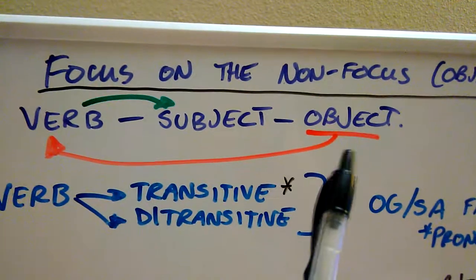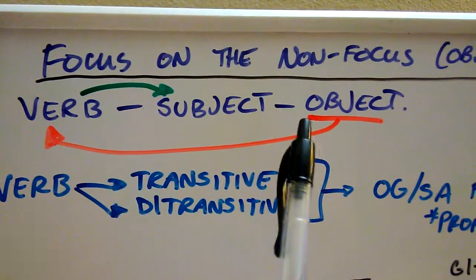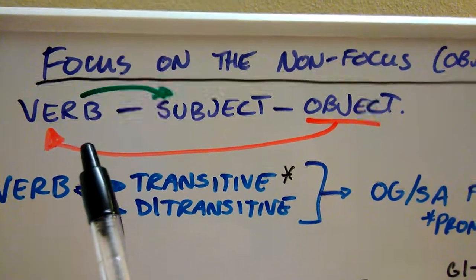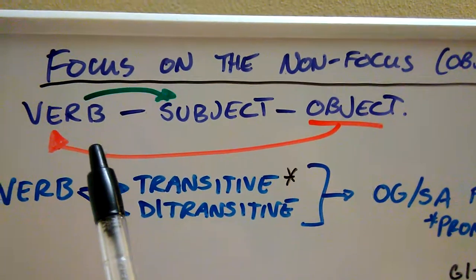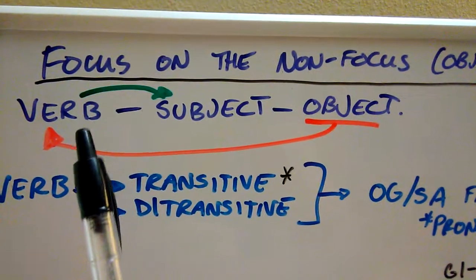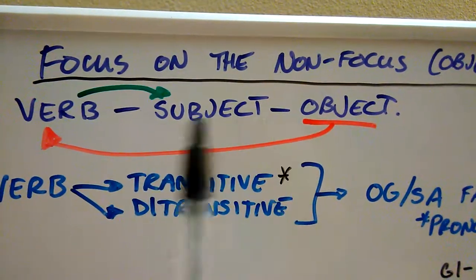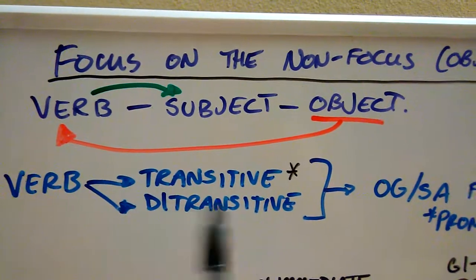But if we make our object the focus of the sentence, then it changes the verb's conjugation, because the verb's transitivity will change according to what the object will be, whether it's transitive or ditransitive.